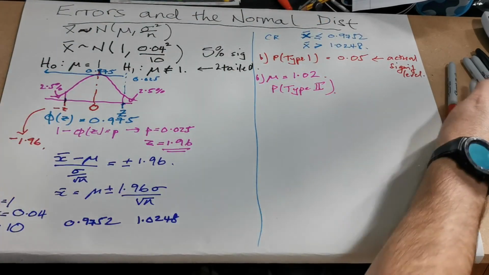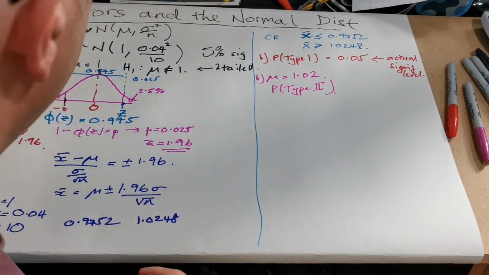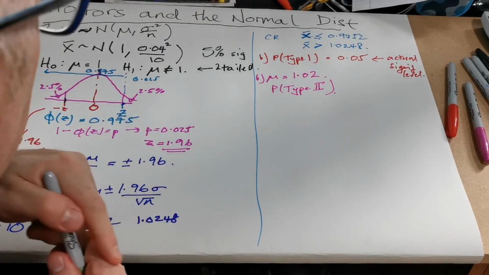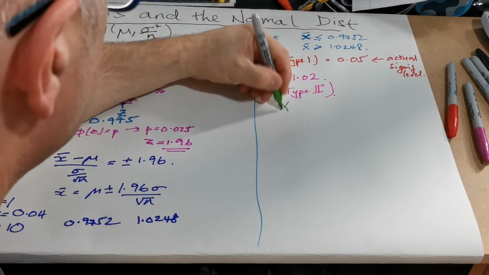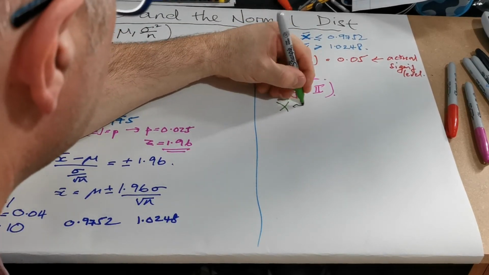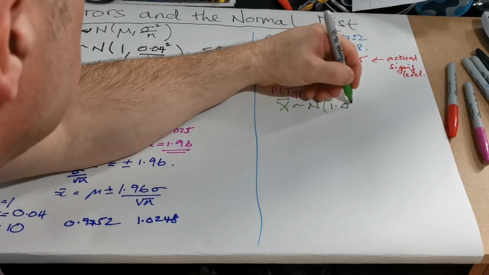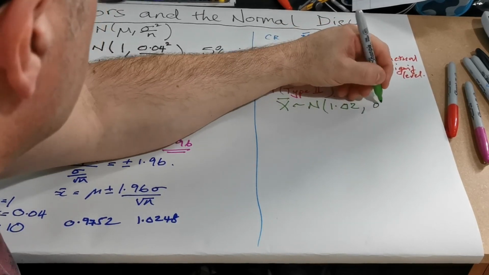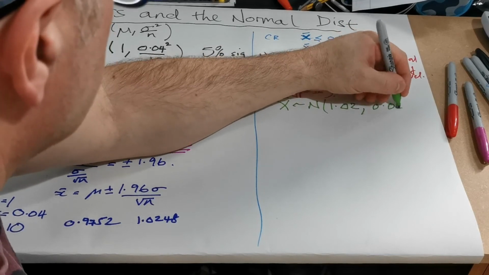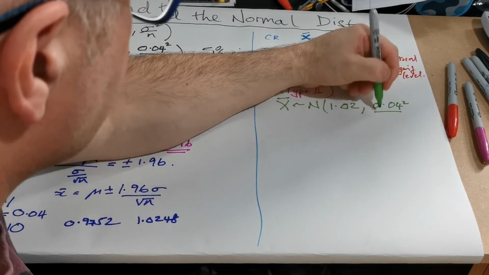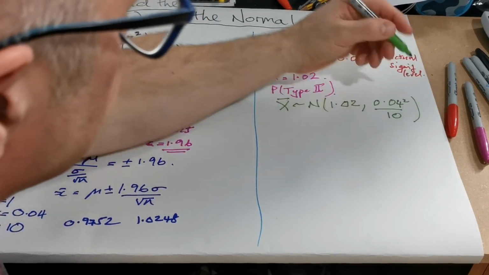So what we're saying is, if the mean is now this, I've got a new distribution, x bar is normally distributed with 1.02 and 0.04 squared over 10.